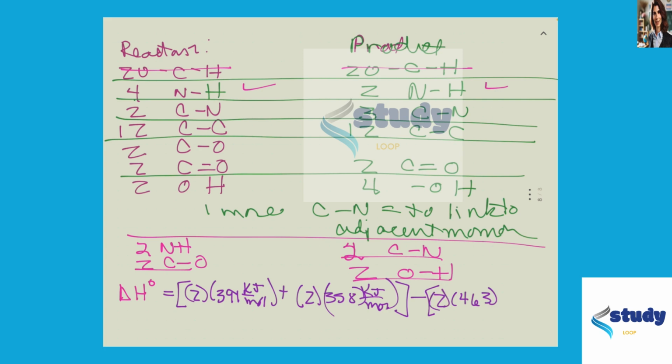And I'm going to subtract from that 2 times, I'm going to leave my units off, they're all kilojoules per mole. So all kilojoules per mole. Which is, this comes to negative 14 kilojoules per mole when I add those all together.